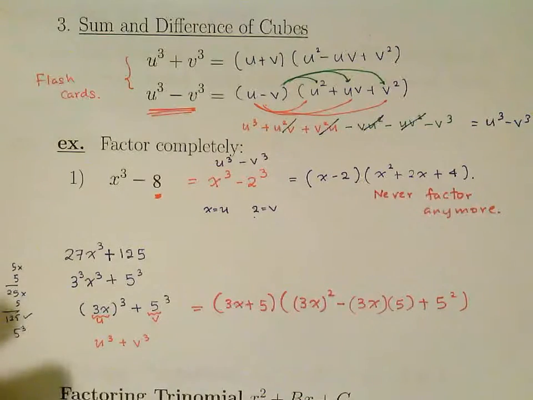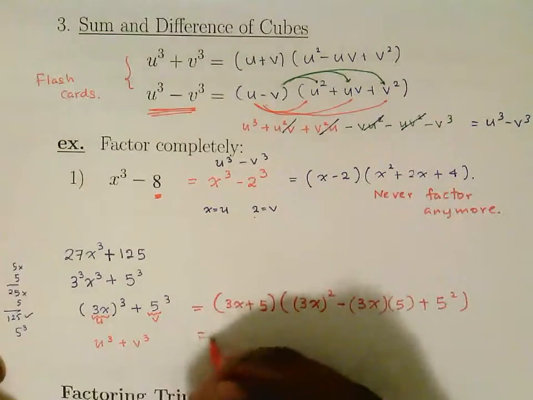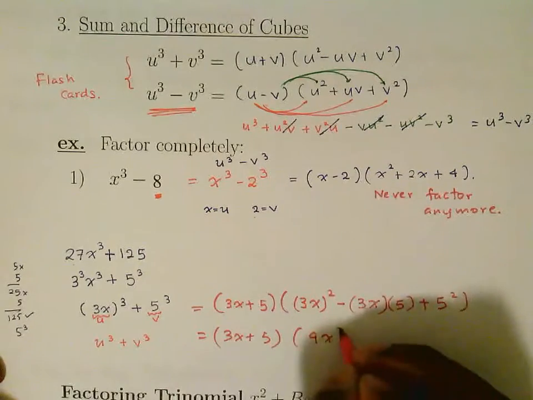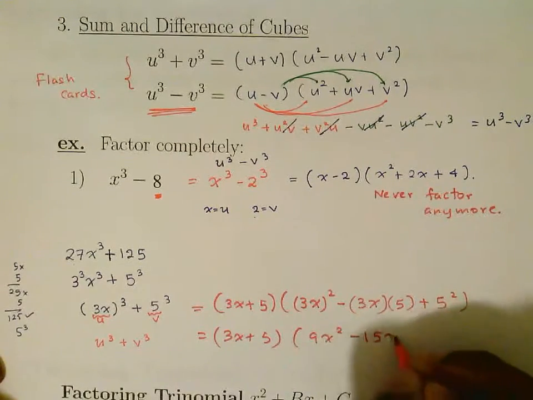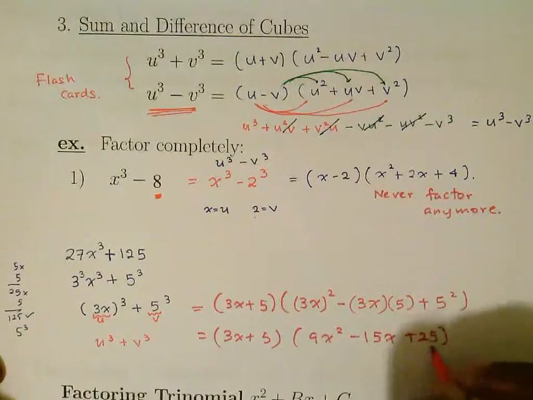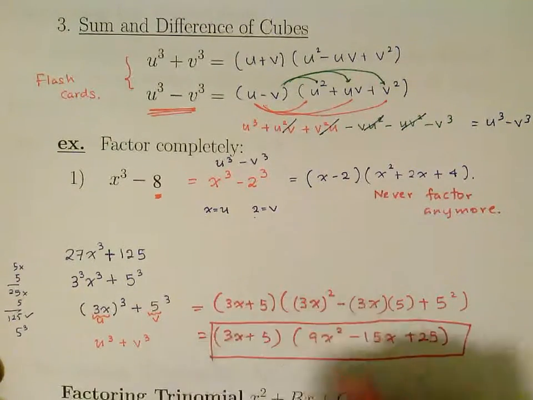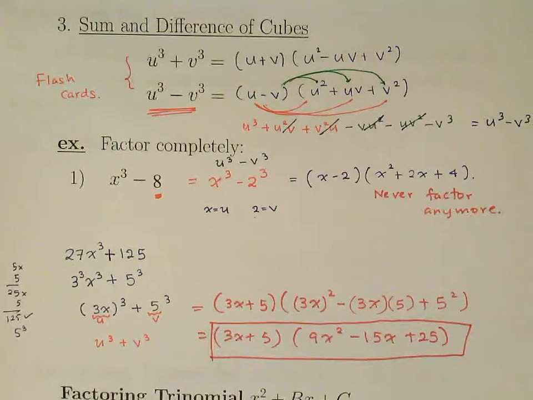So all I did was applying the formula. Find your u and v and just apply the formula. And that would be 3x plus 5 times 9x squared minus 15x plus 25. And again, there are no more factors. Don't even think about factoring this. It never factors. Okay, so that's the final answer.